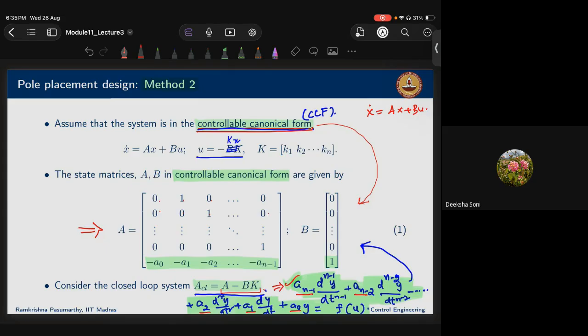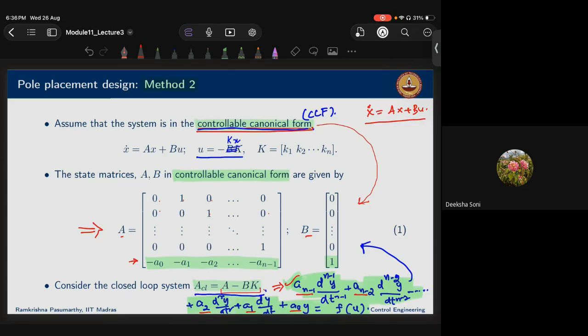Once you have this differential equation, you want to convert it into x dot equals ax plus bu. So directly we can write these A and B matrices by placing all these coefficients at these locations. That means A and B matrices are of this form. This is called the controllable canonical form. Just by looking at the coefficients, we can find the A and B matrices.